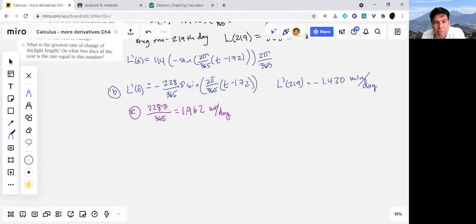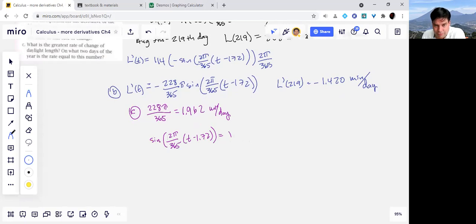If the sine of 2 pi over 365 times t minus 172 is at its maximum, that is equal to 1.